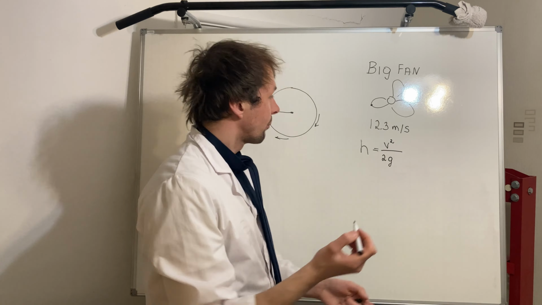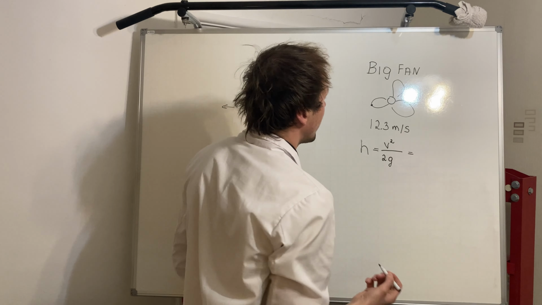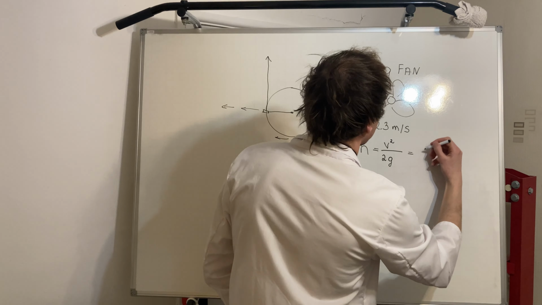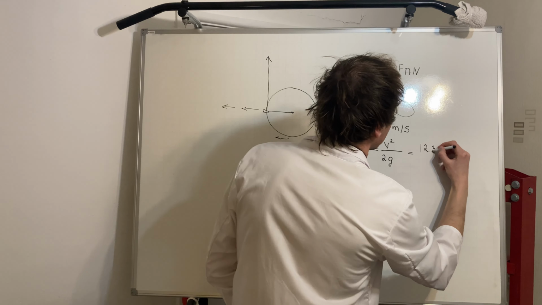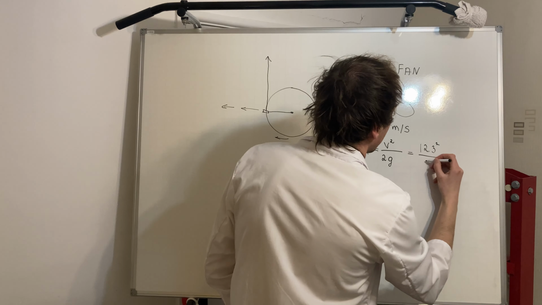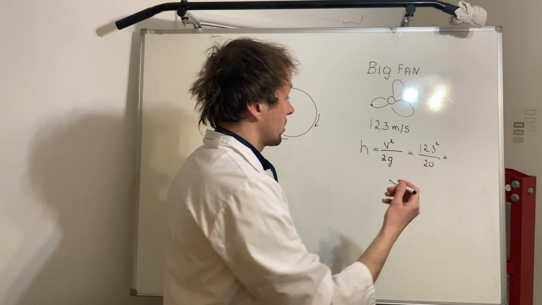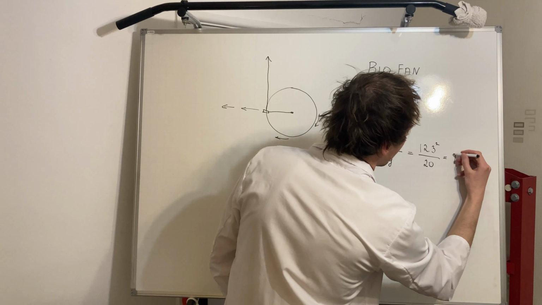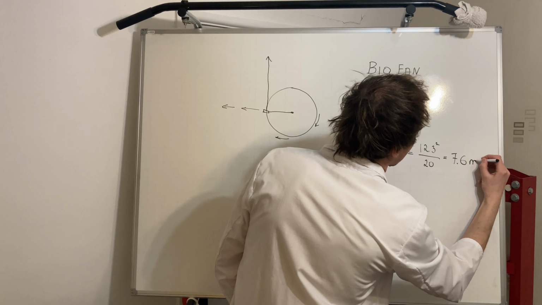per second squared. Okay, so if we use this formula, we're gonna calculate the speed 12.3 squared divided by 20. And the result of that is going to be about 7.6 meters.